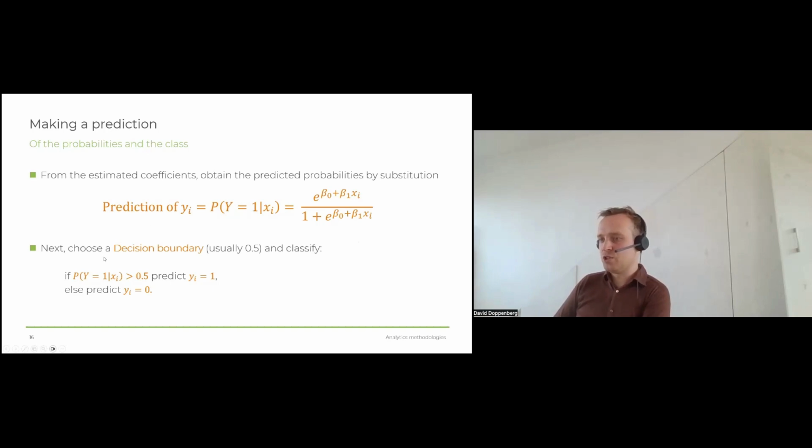And then of course you need to find this decision boundary yourself. So typically you just start with 0.5. But what you can actually do is tweak this decision boundary to anything you prefer for your case. In certain cases, it might be beneficial to lower or raise this decision boundary given your context.